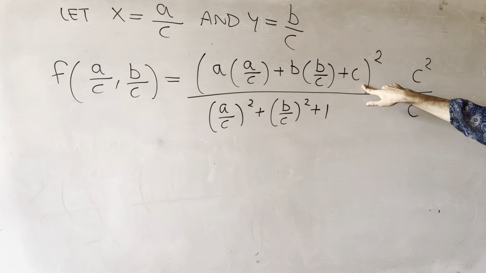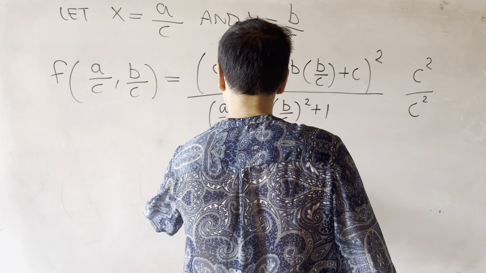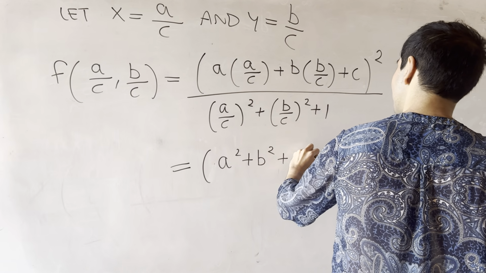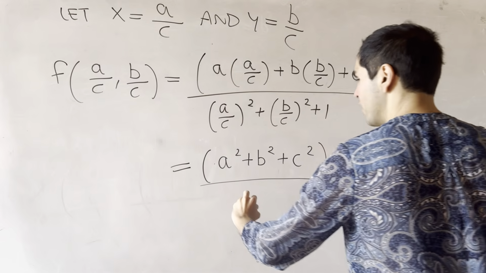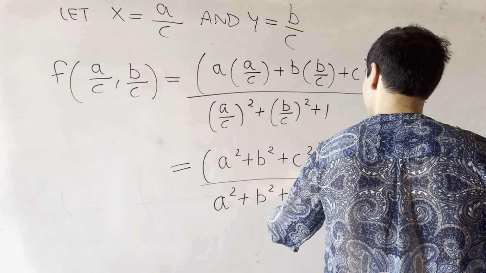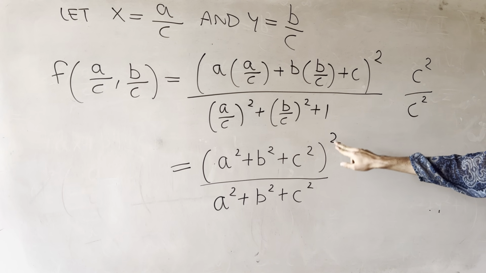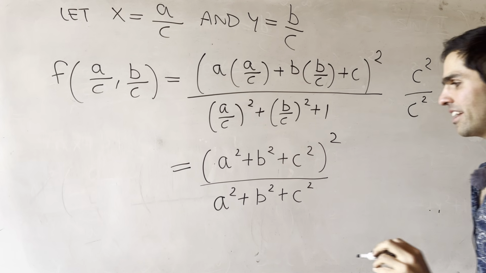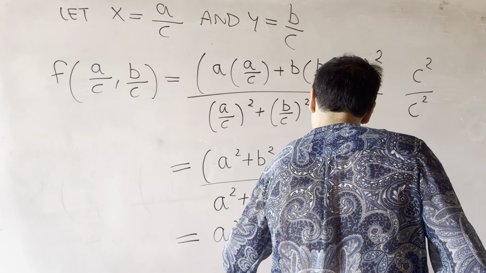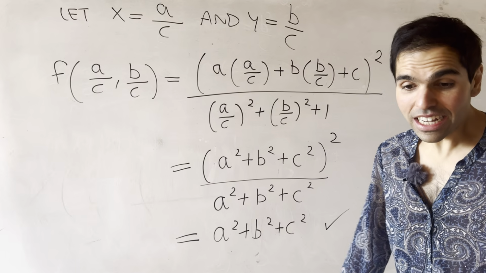So this one gets under the square and just multiplies by c, so that becomes (a² + b² + c²). And then the bottom multiplies by c², so (a² + b² + c²), and then squared. And then the nice thing is this cancels out and we end up getting a² + b² + c². Yay! So it's actually attained.